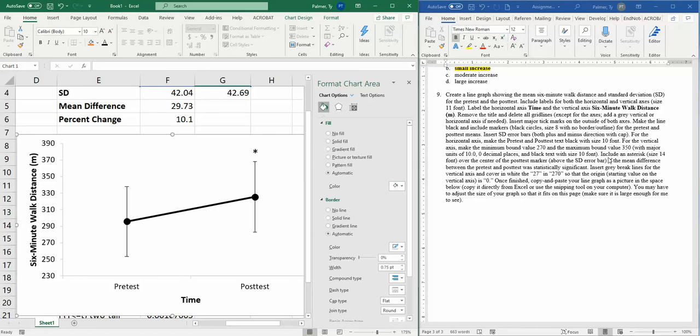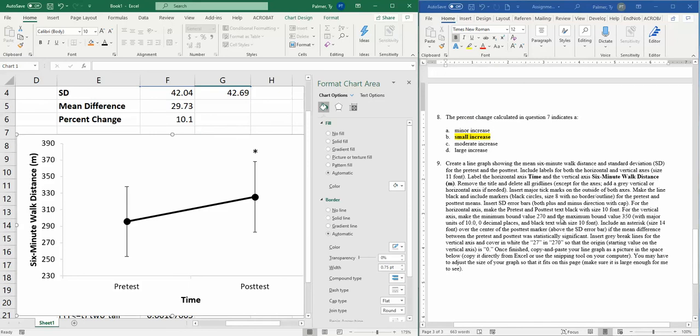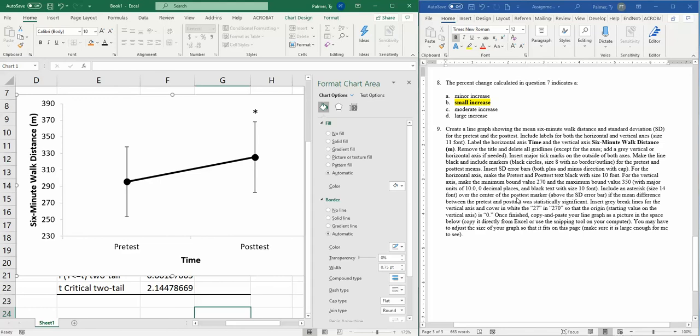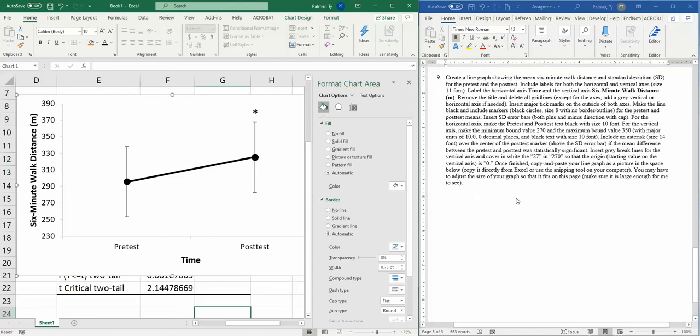Again, your data might be the same, and you might have an asterisk in your graph, but you also might not have an asterisk in your graph. And what's going to dictate whether or not you put an asterisk in your graph? Whether or not the mean difference between the pretest and posttest is statistically significant. So with your data, if your mean difference is statistically significant, then yes, you're going to include an asterisk just like I have here in my graph.